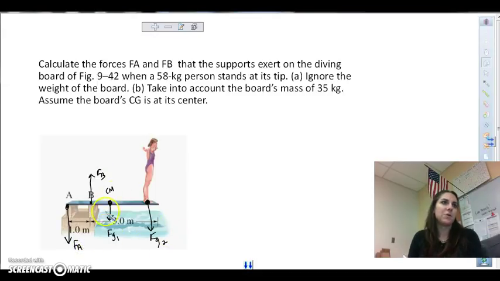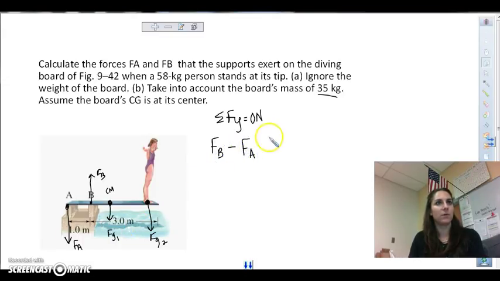Essentially, we just have another term. I'm going to solve this the same way, but now I'm going to take into account the masses, the board's mass, like this. So the sum of the forces in the Y should equal 0, or according to my diagram, force B minus force A, because that's down, minus mg1, because that's down, and then minus mg2.